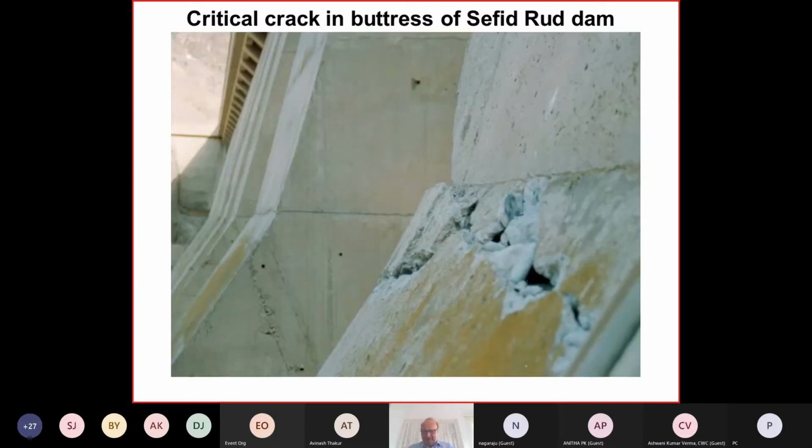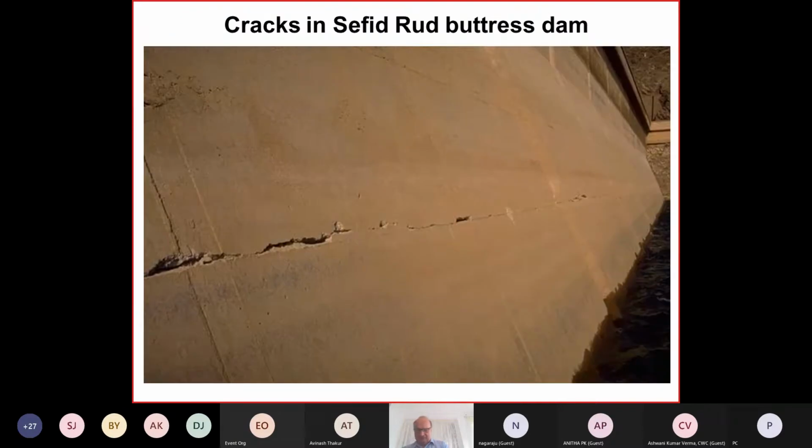We have here these cracks which developed in the buttress, on the upstream face. You have some cracks mainly developing in concrete lifts. Cracks develop basically along lift joints, cold joints, you can say.